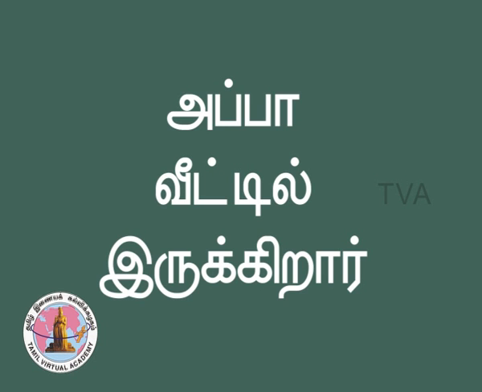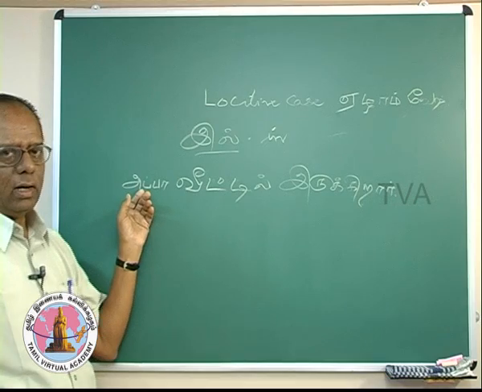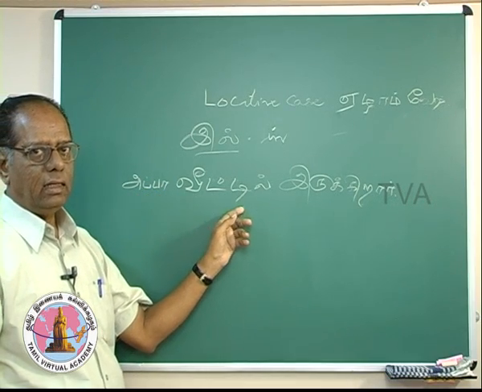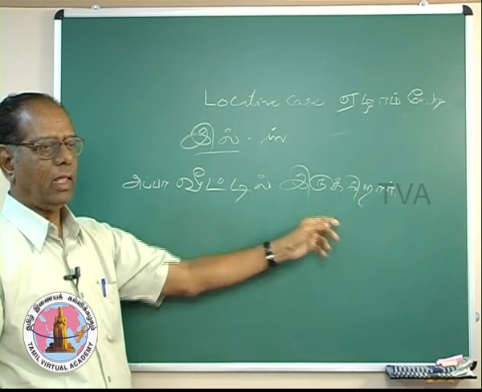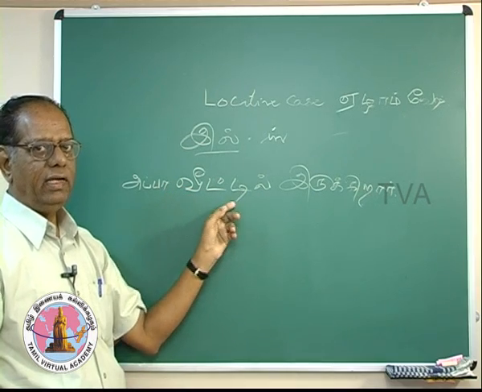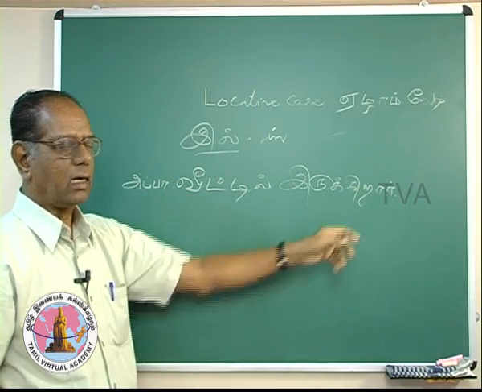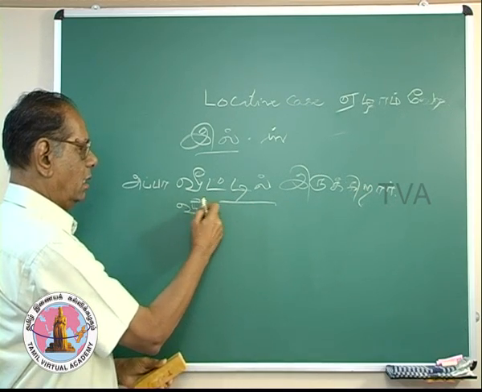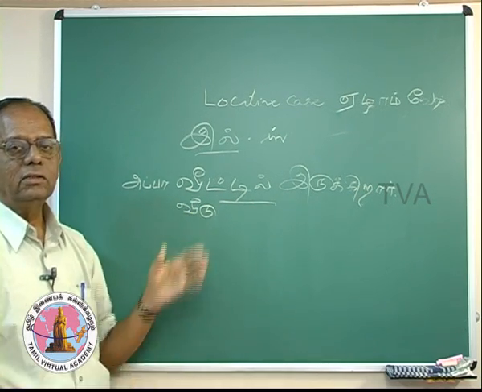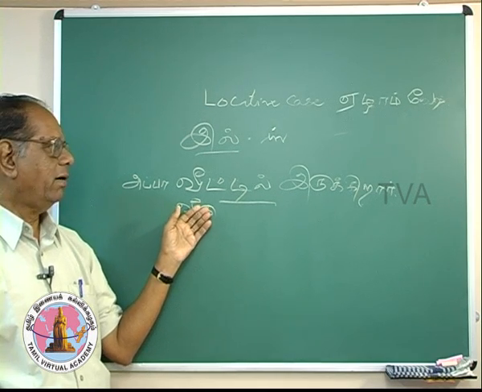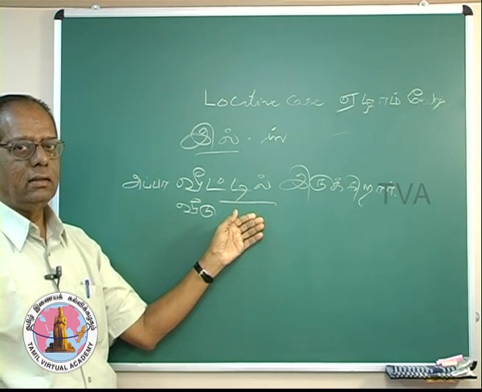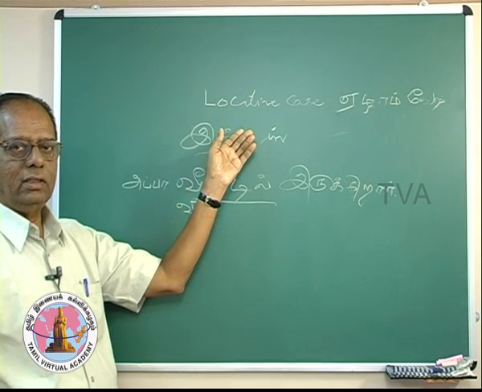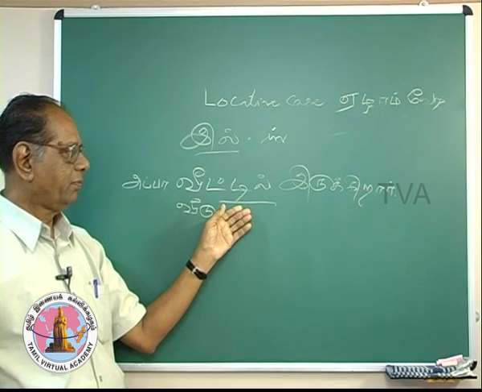அப்பா வீட்டில் இருக்கிறார். Veedu is the noun and I have added ill, the case marker of the locative case.